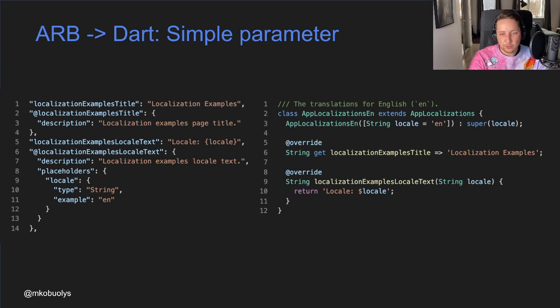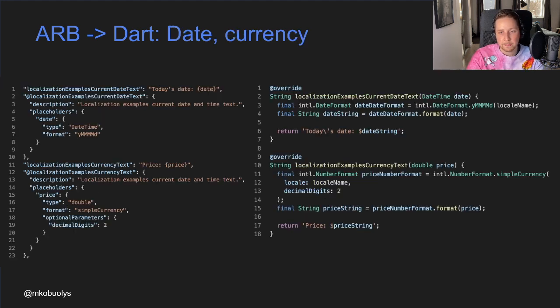To be specific, this parameter and its type are defined in the ARB file in the metadata. So you could see that for the placeholders and for the specific locale property, we define its type and its example value, so we could more easily track what the generated code is and what the specific type should be.